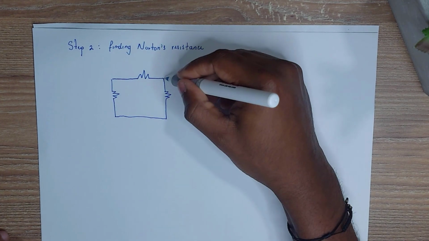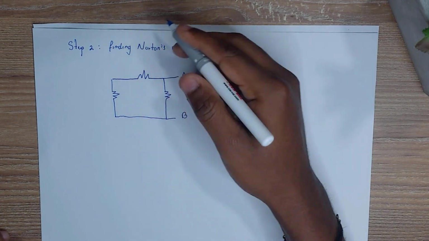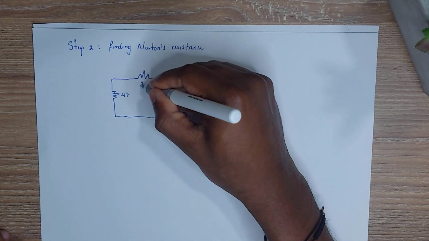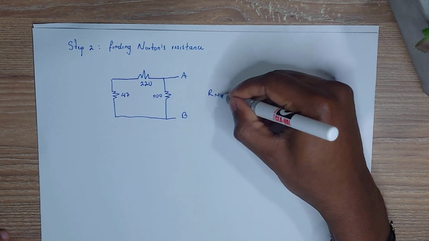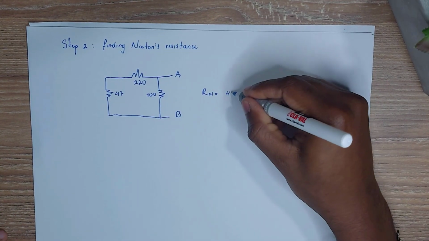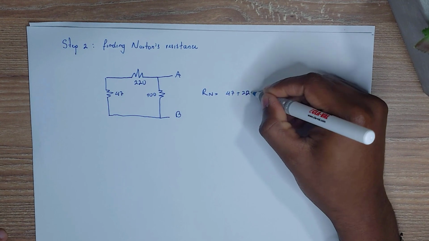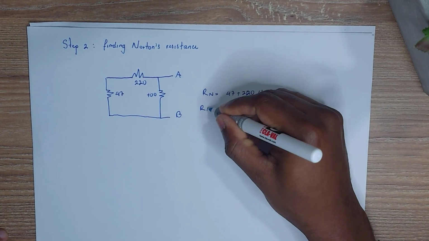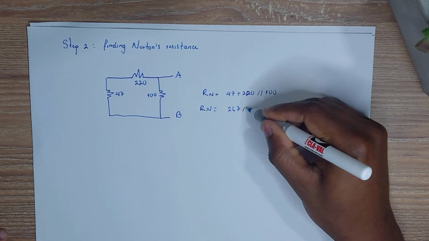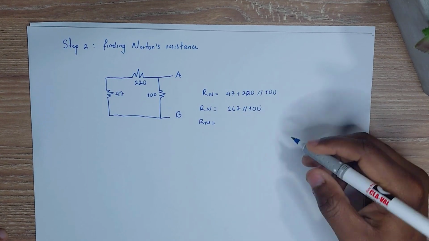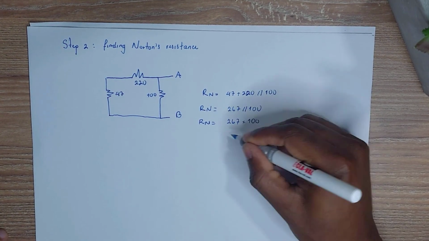Basically we have the first two resistors in series, the 47 ohm resistor and the 220 ohm resistor. And the other one is in parallel with these two. So the whole resistance here is equal to 75.75 ohms.